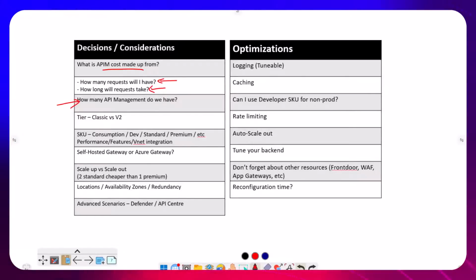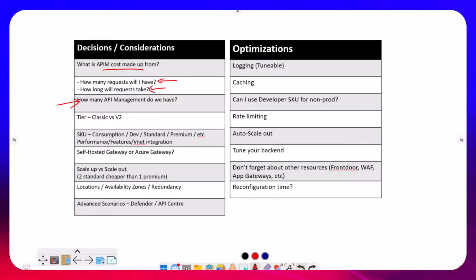from one central API management being the central hub to a more decentralized model where there are multiple API management instances. Now, I know one of the aims of the workspace feature in API management is to try and make it so that you can have an element of decentralization while still having the benefits of centralization.